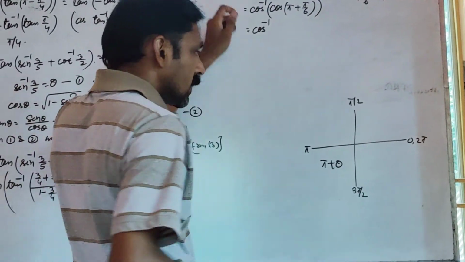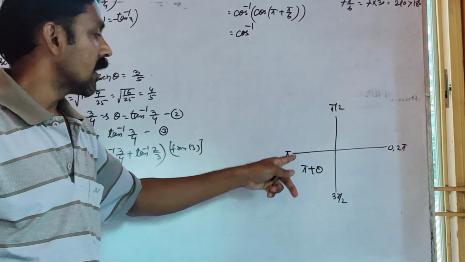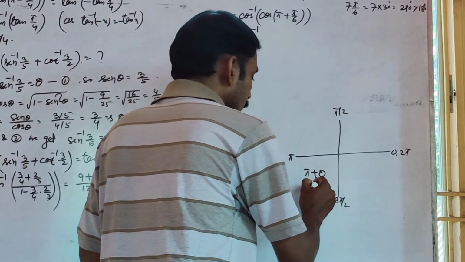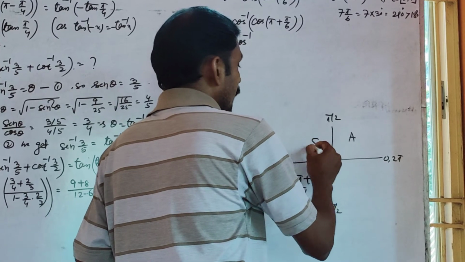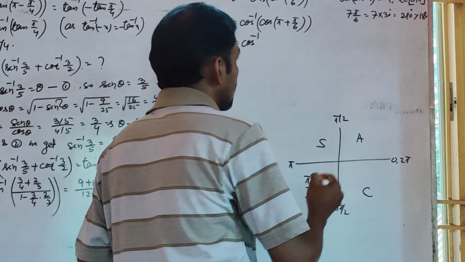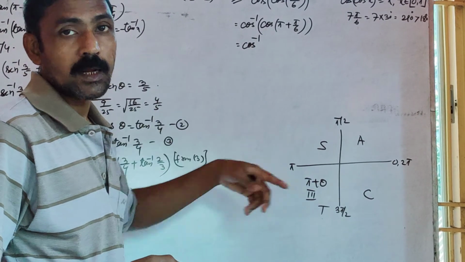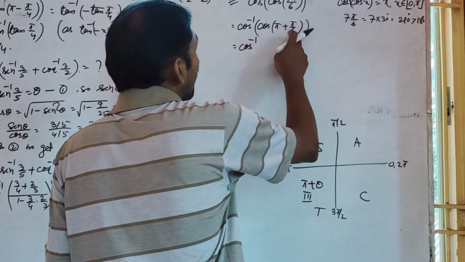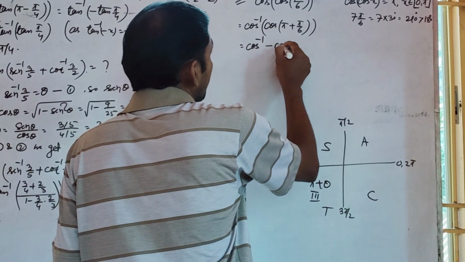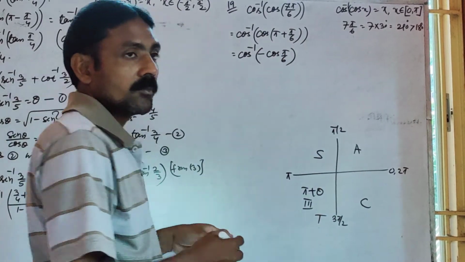So pi minus theta will be in the second quadrant, pi plus theta is in the third quadrant, and by ASTC rule, in the third quadrant cos is negative. So here we have cos of pi plus theta equal to minus cos theta.